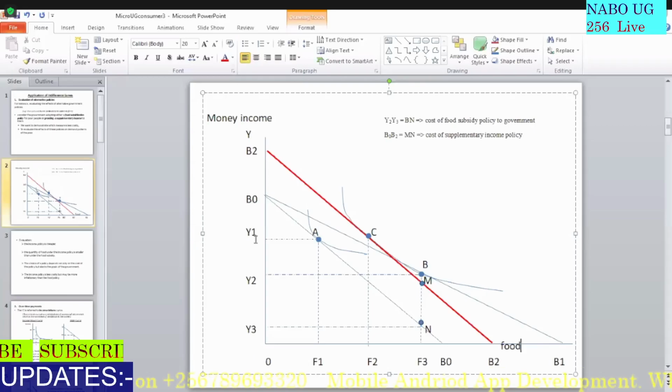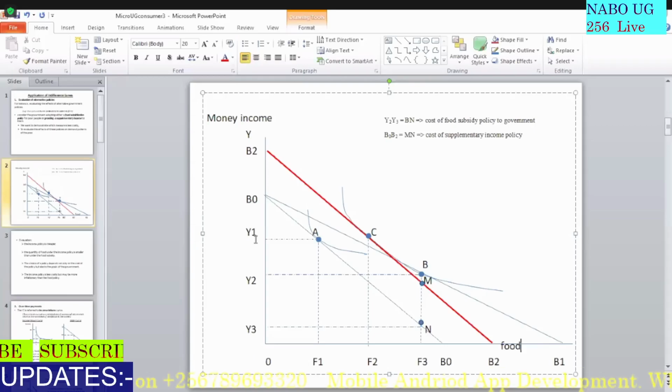The market price of food has not changed for other individuals. It is only for the poor people who have the food coupon. If you are poor and you forget your coupon at home, you will not buy food at that lower price. So you have to carry the food coupon.